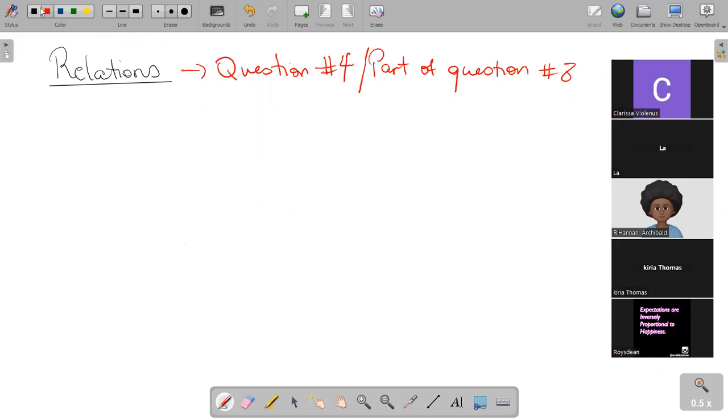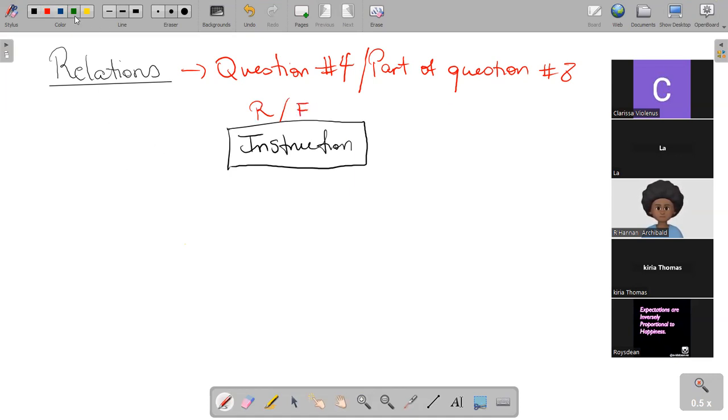Now, I usually tell students relations is just like some instructions. The instructions tell you what to do, whether to add 2, multiply by 2, subtract 3. That's what the relations and functions represent. So we're going to call this the relation/function box.